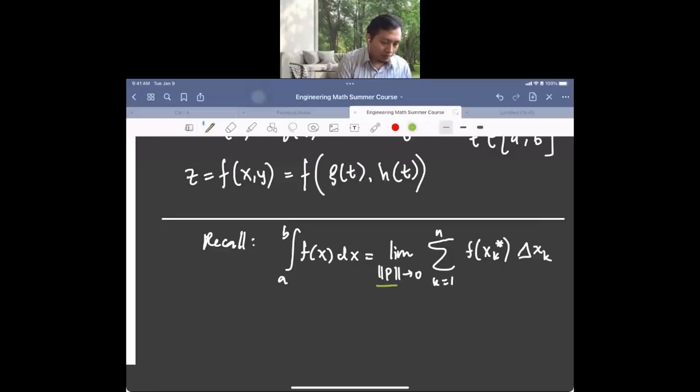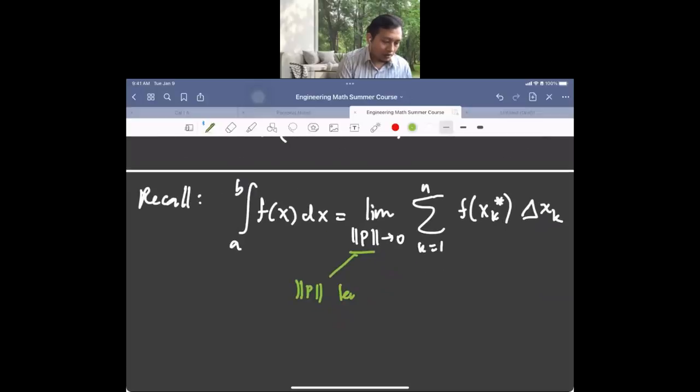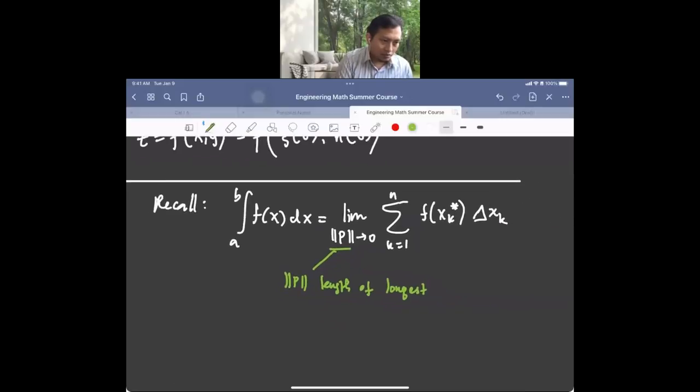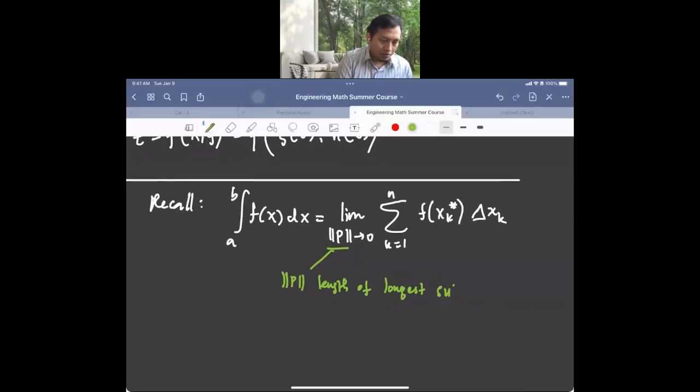So p is the subinterval actually. So we can write p is the length of the longest subinterval.